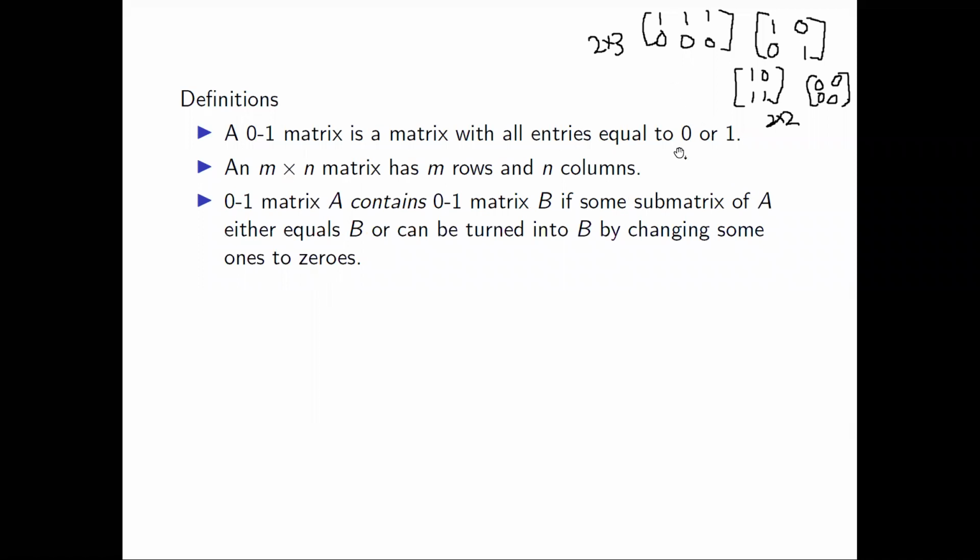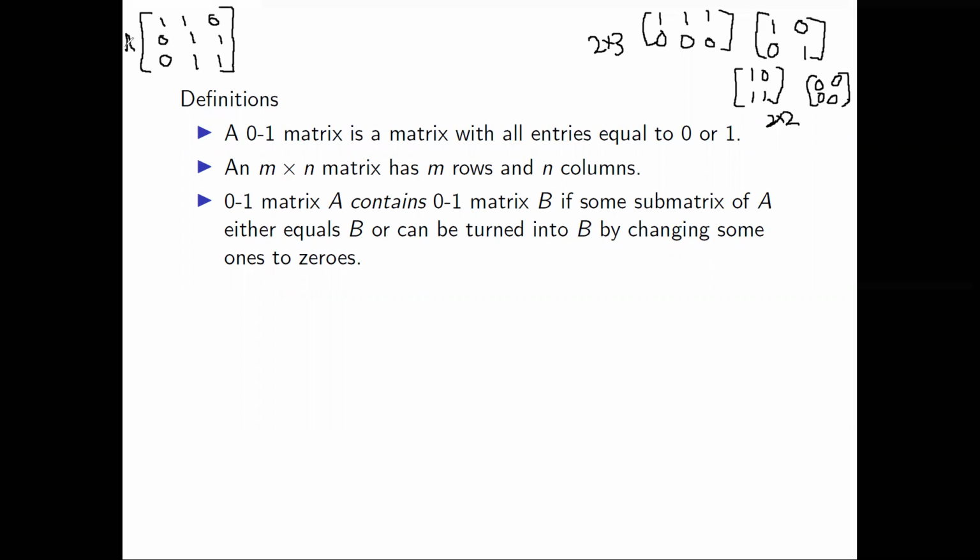We say that a 0-1 matrix A contains a 0-1 matrix B if some submatrix of A either equals B or can be turned into B by changing some ones to zeros. So let's say the matrix that I just drew in the top left, let's call that one A. I'm going to draw some others.